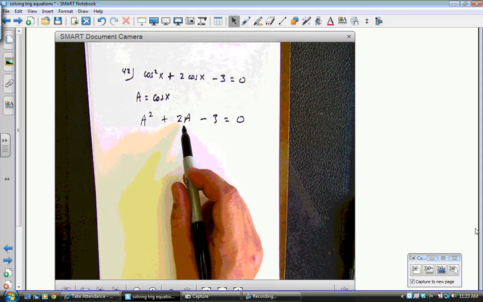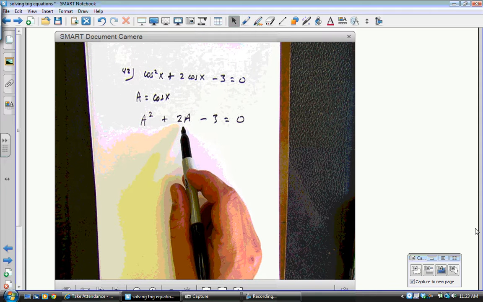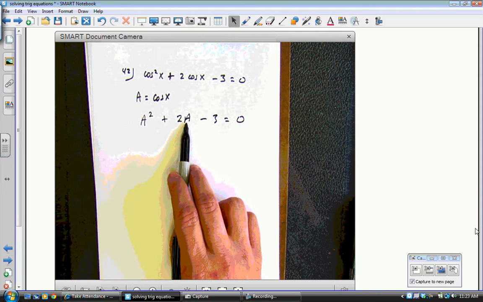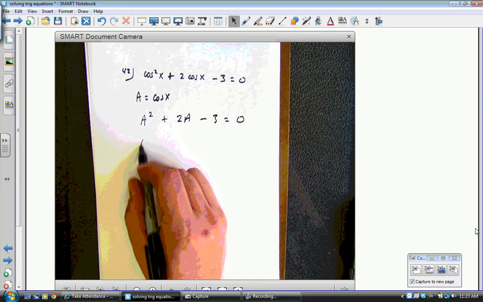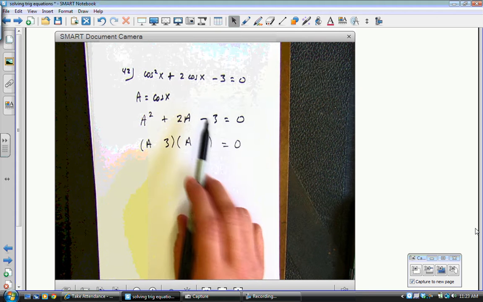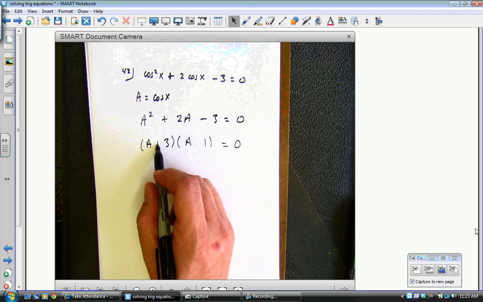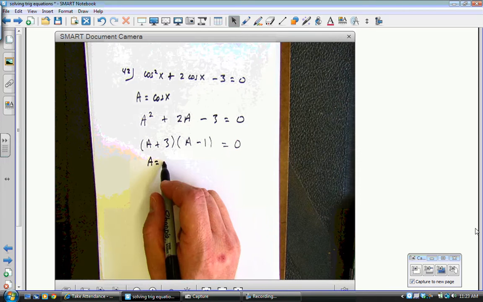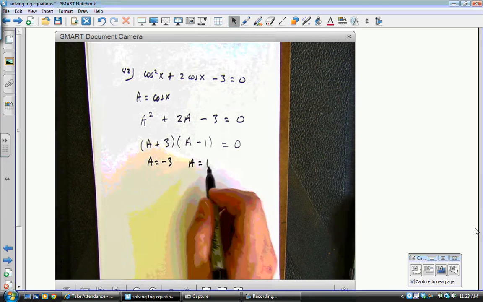And I don't have to split on this one because I don't even have a leading coefficient. So my signs are going to be different. It'll be plus 3 and minus 1. So we're going to get a to be equal to negative 3 and 1.